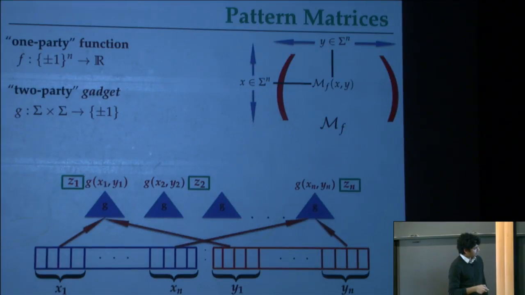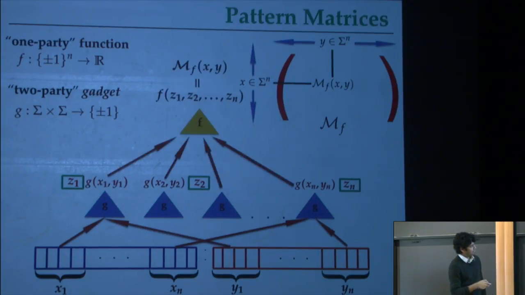The function is obtained in this way. You take the first blocks of x and y, and you apply the gadget g to them. Each is some element of sigma, and applying g gives a single bit g of x1 y1, let's say z1. Similarly, I apply it to the second blocks, third blocks, and so on. At the end, having applied the gadget to the corresponding pairs of elements from sigma in x and y, I get an n-bit string out.